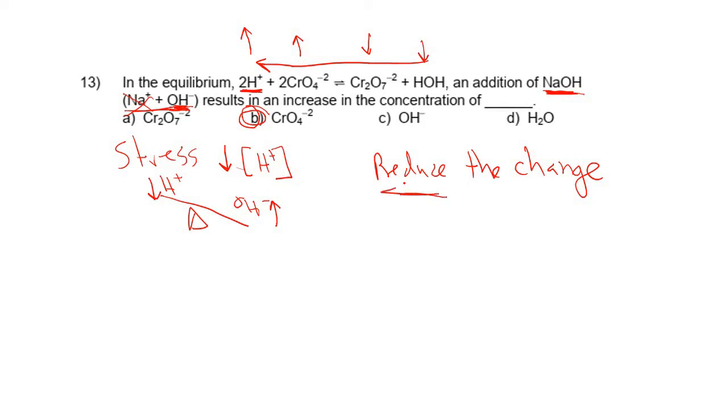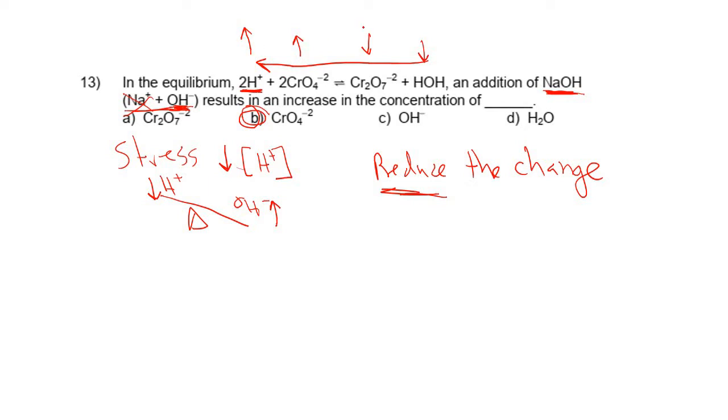Reduce the change. So whatever that stress was, remember, we don't like stress. Stress is bad. We want to get rid of the stress. So if we took H away, you want to respond in a way that's going to put H back. So we shifted left, which means we're speeding up the reverse reaction and making more of this stuff.